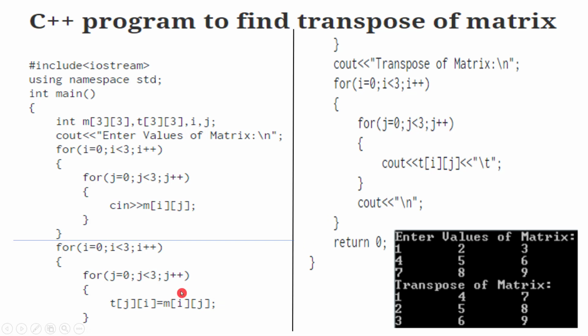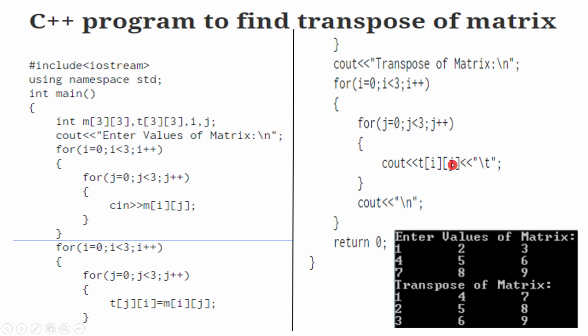Okay, and sorry, it's not like that. Here the m[i][j] is equated to t[j][i]. So these values are directly fed into t[j][i]. That means this value of m[i][j] will be equivalent in the case of t[j][i]. So only the position numbers are just changing in t[j][i]. Then in the third step we are calling the values in the reverse order.